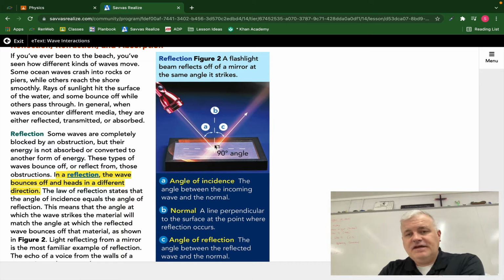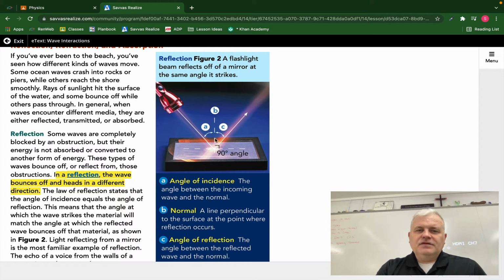And then on the other side of the normal, we have C, which is the angle of reflection. So angle of incidence, where the light, in this case, the wave of light is striking the mirror, and the reflection here gives us the other component, which is the angle of reflection, and all that together gives us the total reflection or reflective property of this interaction between wave and matter.